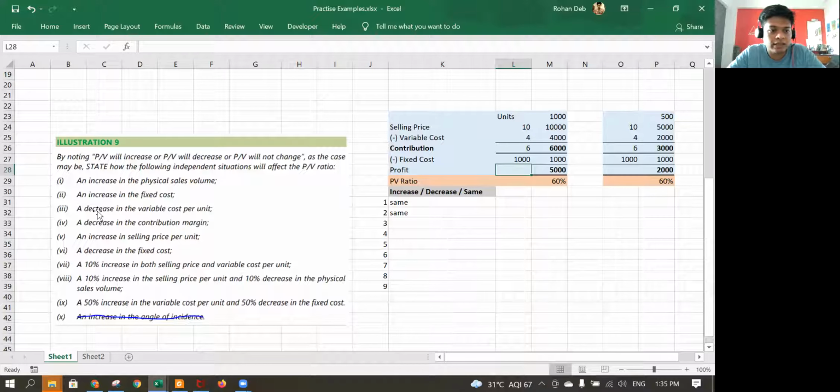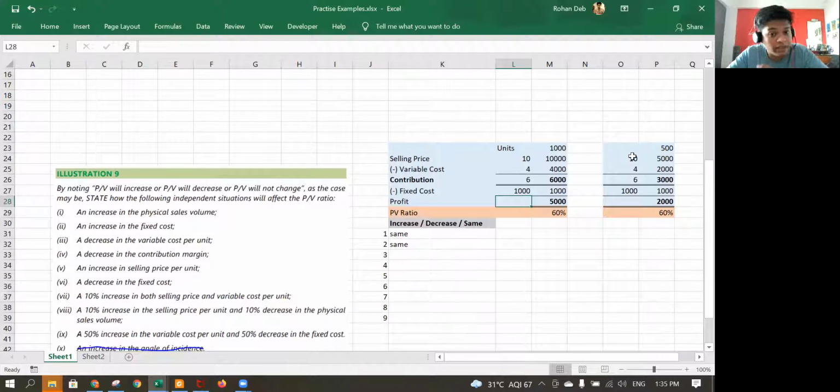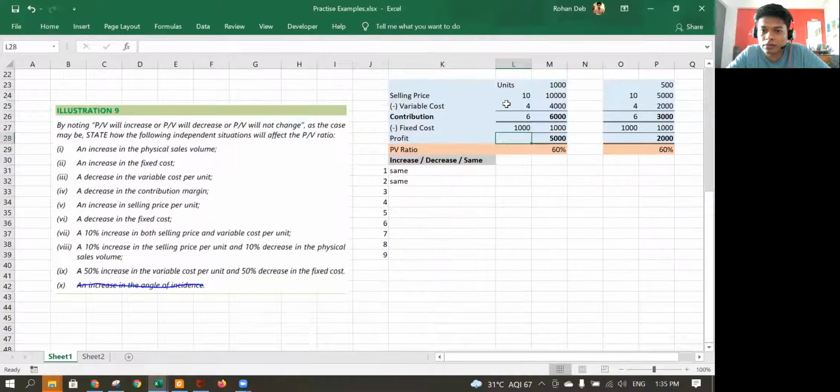Next is decrease in the variable cost per unit. Think, what will happen if I change the variable cost per unit, this part. If I decrease the variable cost per unit, what will happen to my contribution? Contribution will go up. If I make this 3, contribution will become 7. So even the variable cost decreasing means contribution is increasing, and contribution increasing means PV ratio increasing.